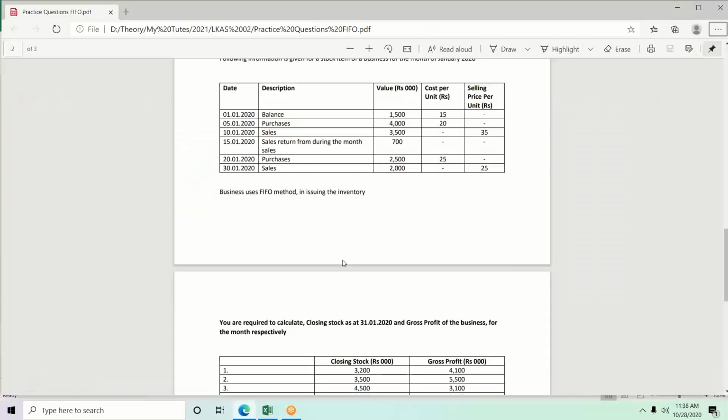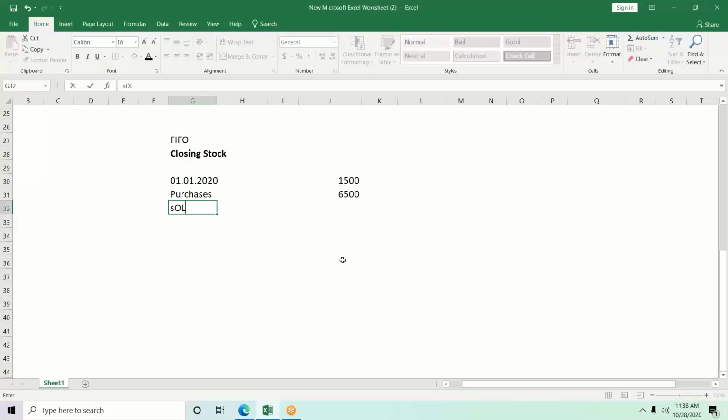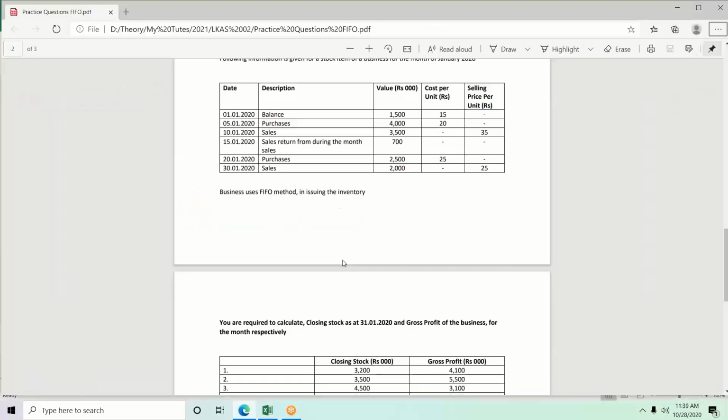And then again, you have sold 5,500 units during the period. When you sell, there will be a stock outflow. Sold 3,500 at once, and then again there was a sale of another 2,000 units. Altogether you have sold 5,500 units.